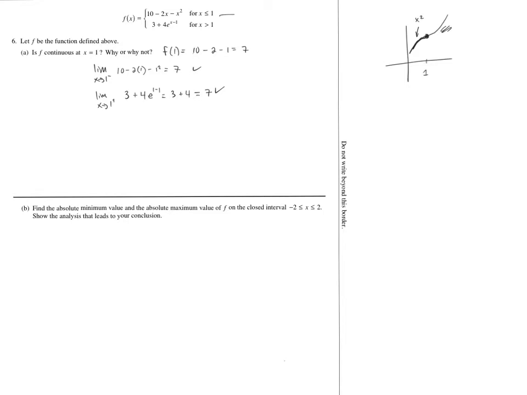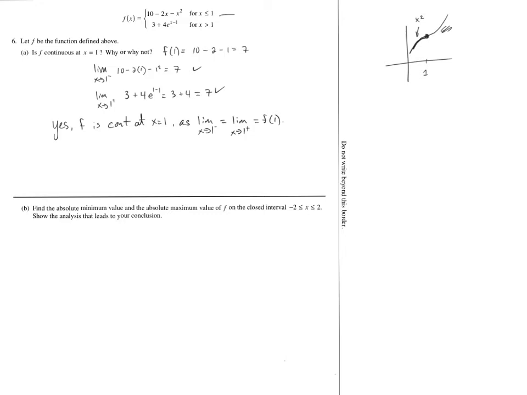So yes, f is continuous at x equals 1 as the limit as x approaches 1 from the left equals the limit as x approaches 1 from the right equals f of 1, so that's all you'd have to say there.